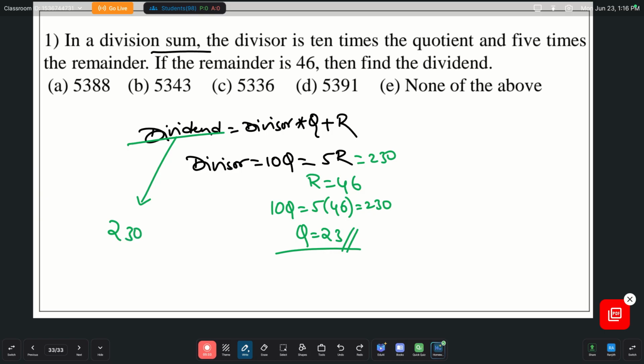Divisor is 230, quotient is 23, remainder is 46. 230 into 23 is 5290, plus 46. If I add all the values, 5336 will be the answer.